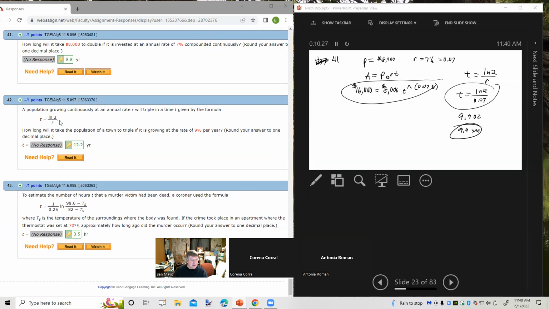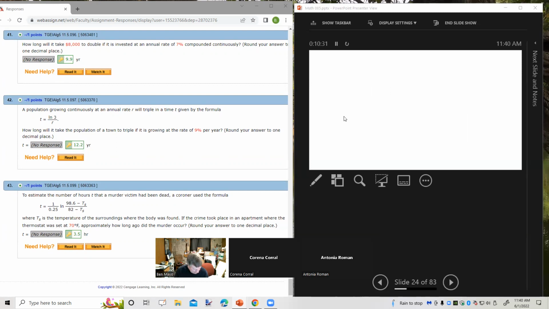Here we go. There's that very formula, only now to triple it, it's the natural log of 3. A population growing continuously at a rate r will triple in a time given by the formula t equals the natural log of 3 over r. How long will it take a population of a town to triple if its growing rate is 9% per year?